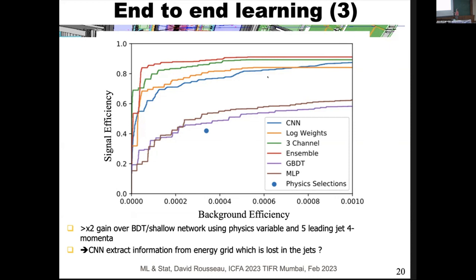This is even better, meaning the CNN is able to extract some information which is not in the list of individual particles, probably because when we build jets, we lose information on the structure of the jets or on energy flow between the jets.